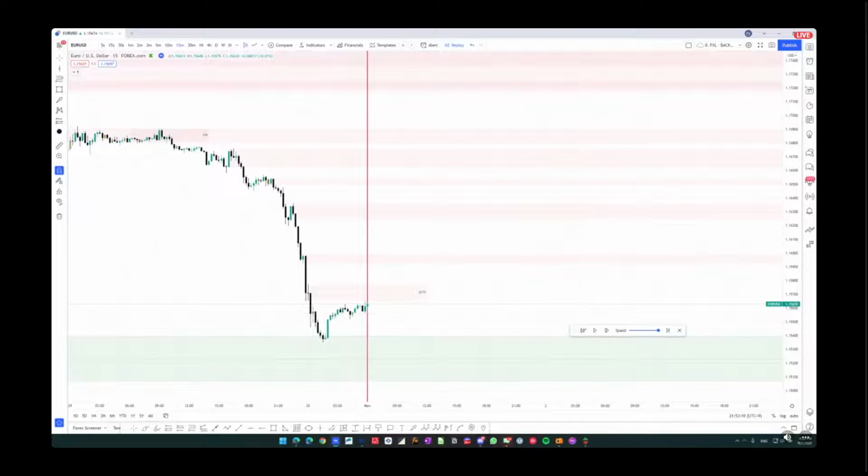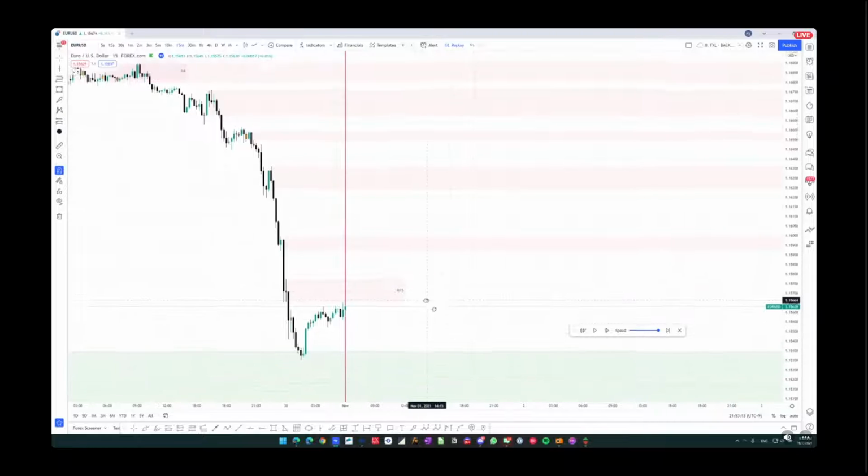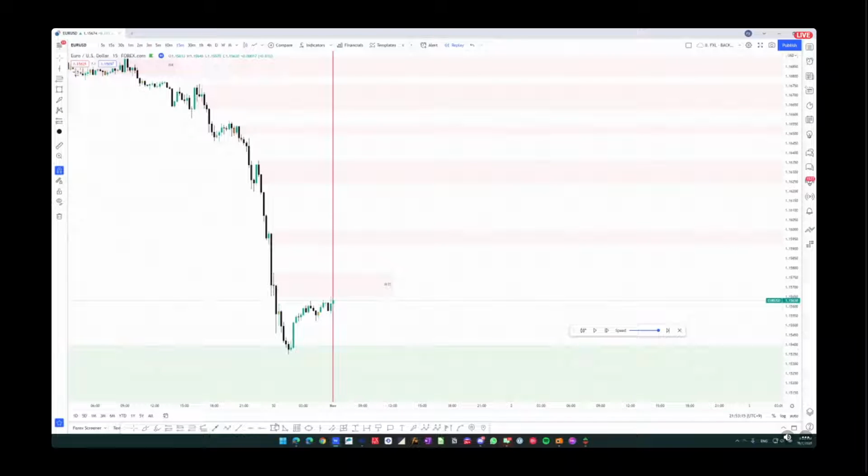Okay, looking good. I also have demand zones.